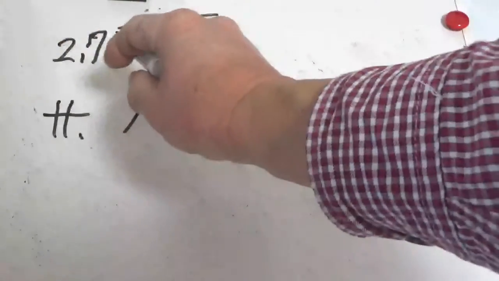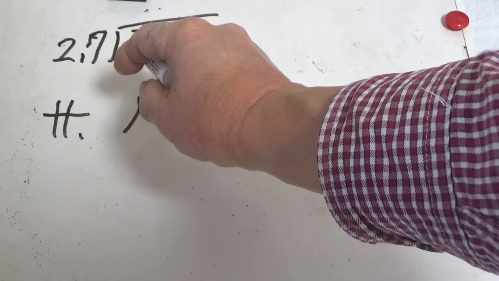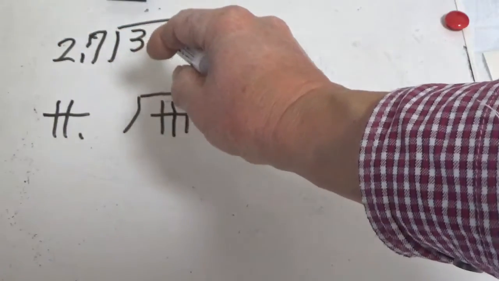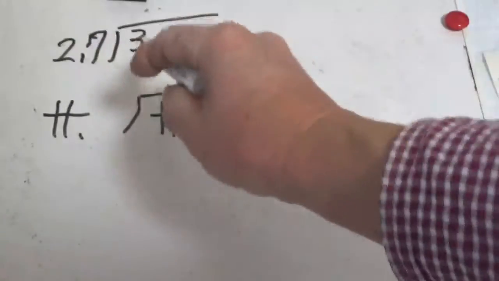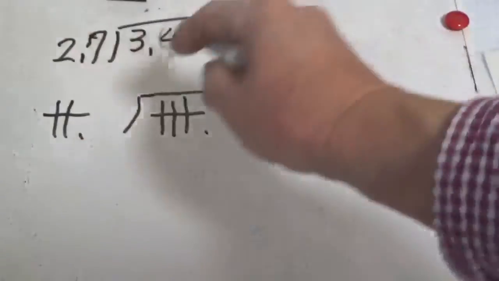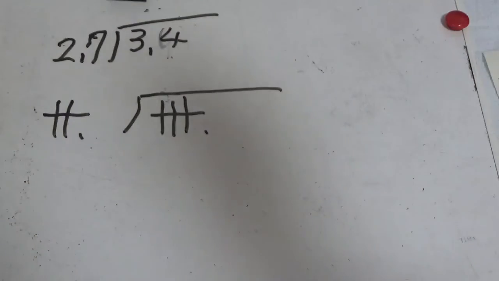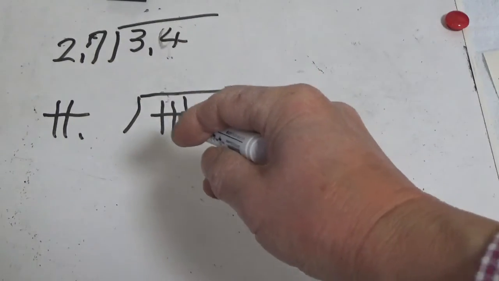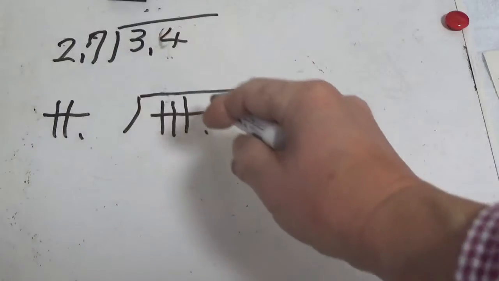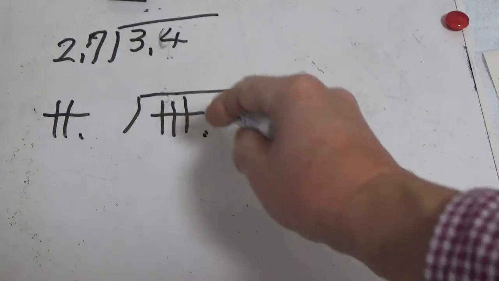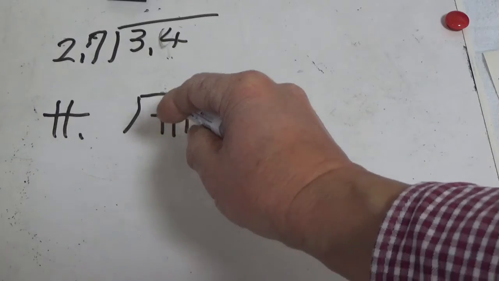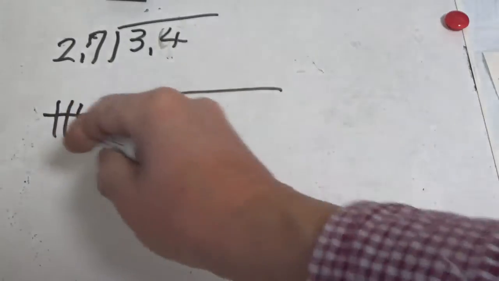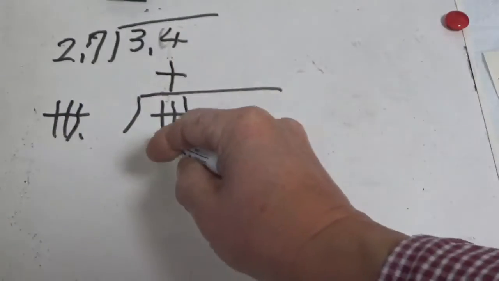We will do division of decimal fractions, 3.4 divided by 2.7, but calculating this division by lines is too tedious. So I will show you only the order estimation, a rough value. 3.4 is nearly 3, and 2.7 is also nearly 3, so it is nearly 1.